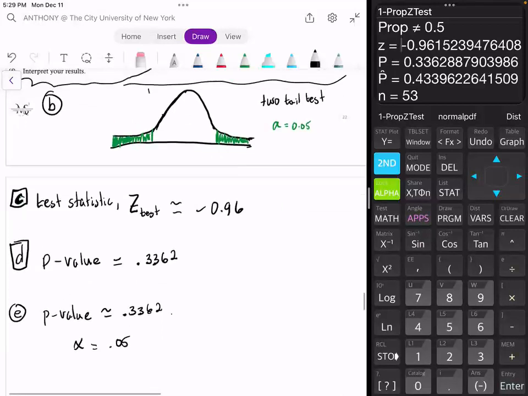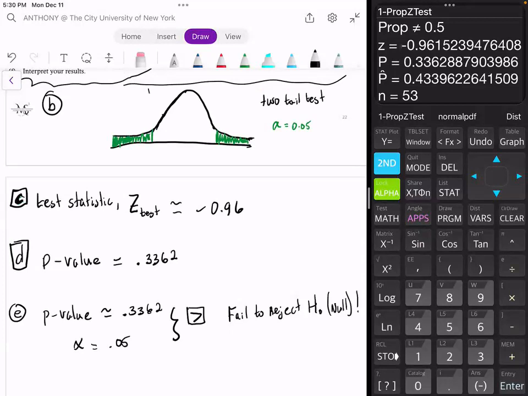When you compare these two, the p-value is clearly bigger than the level of significance. This means that in this case you fail to reject the null. You failed to reject the null.